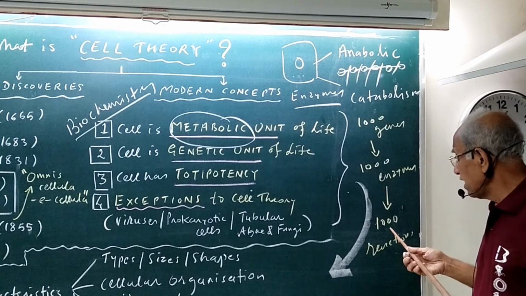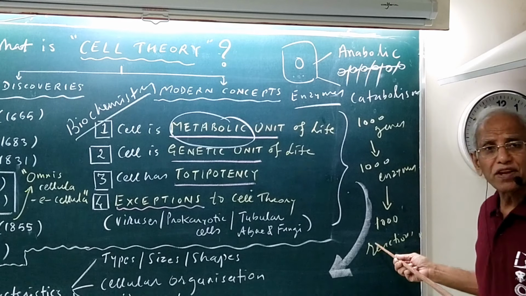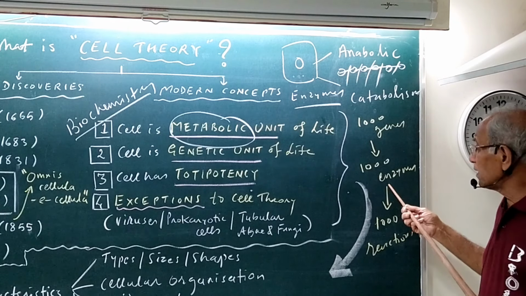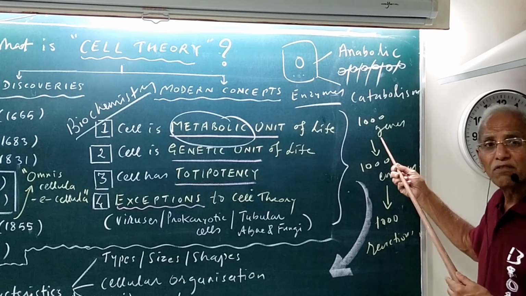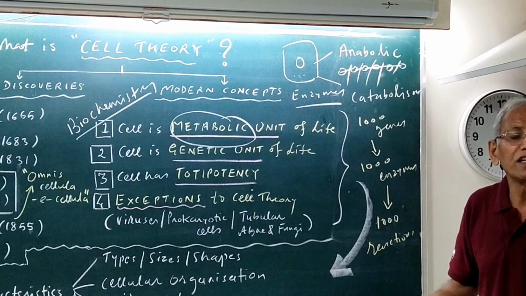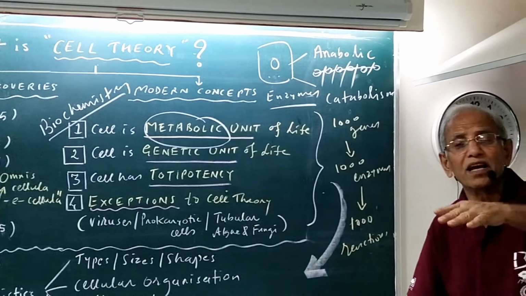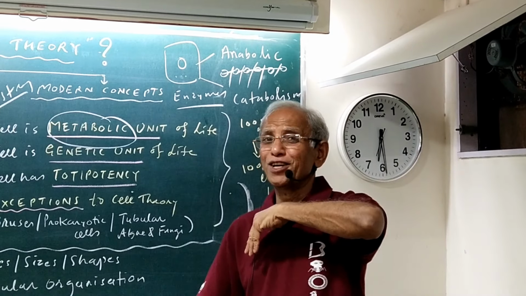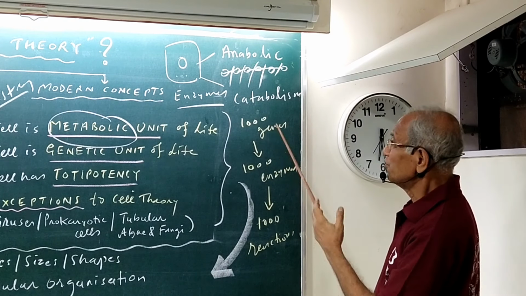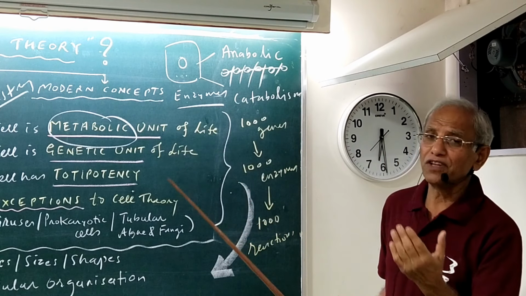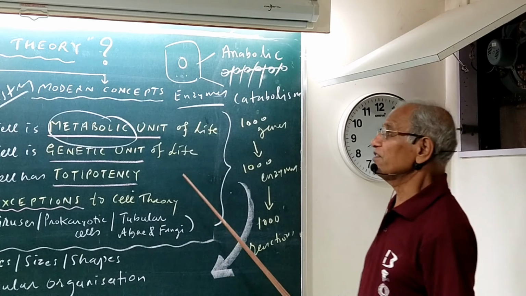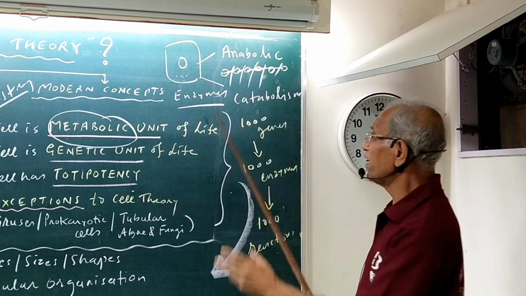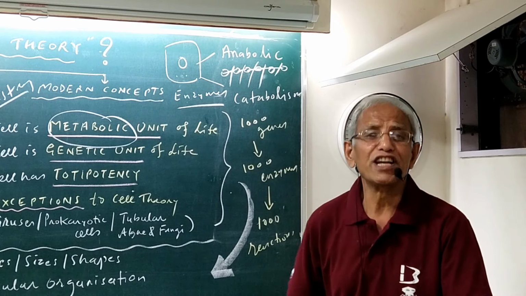So the life of a cell will depend on thousands of reactions, and those thousands of reactions will be controlled by thousands of enzymes, and thousands of enzymes will be controlled by thousands of genes, and thousands of genes are nothing but pieces of DNA. Pieces means the segments of DNA. Wonderful. And you know this very well, the genes which are part of the DNA and chromosomes, that is the genetic unit. So every cell without fail is a genetic unit of life.